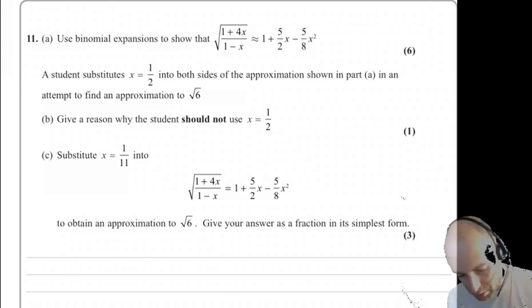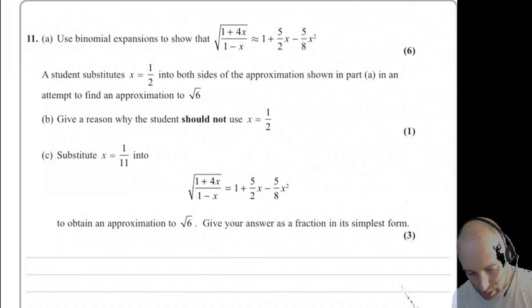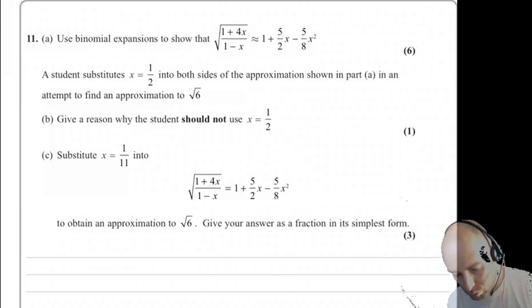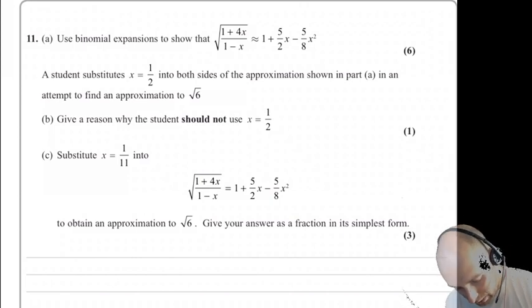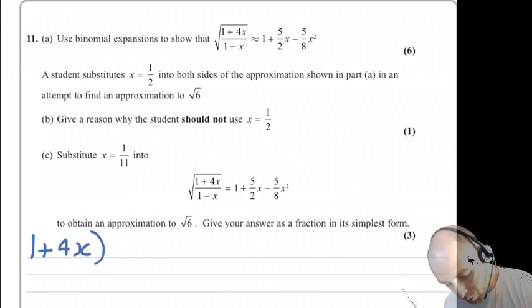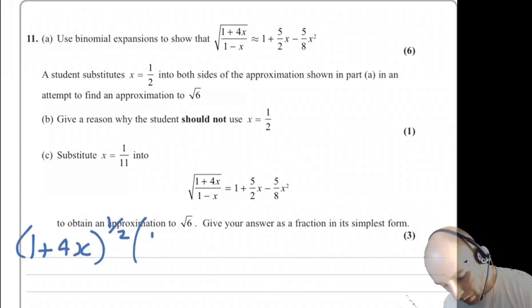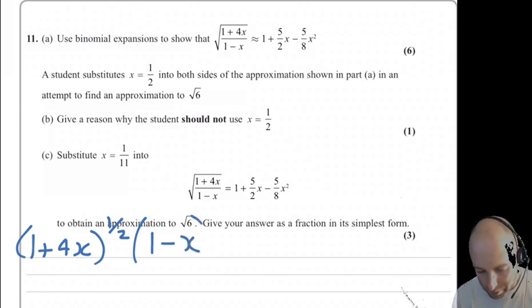So, using binomial expansions to show this one. Okay. All right. So for part one, we need to write these both out as separate powers. So we're going to get 1 plus 4x to the power half times 1 minus x to the power minus a half.